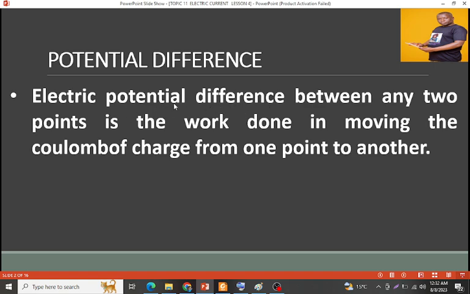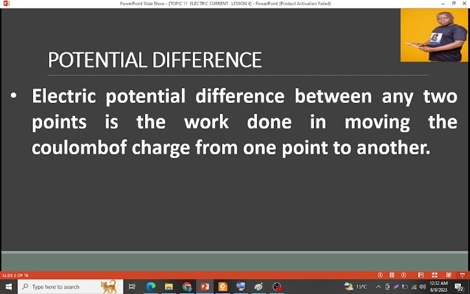So potential difference, in other words, is energy, like potential energy, stored energy, the energy which will cause the charges to move from one point in the circuit to another. So that's called potential difference.